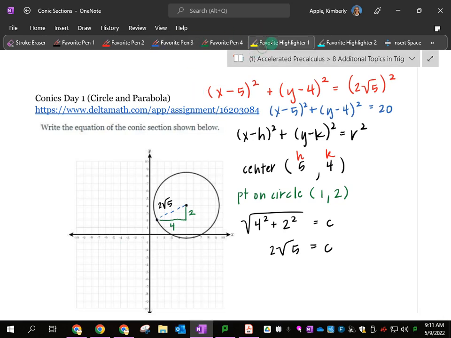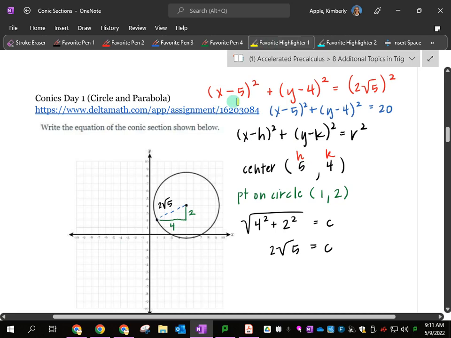So the steps here were, I was given this graph, and I immediately knew that in order to write the equation, I needed the center and the radius. Well, the center was very easy to find because it was just a point on the circle.